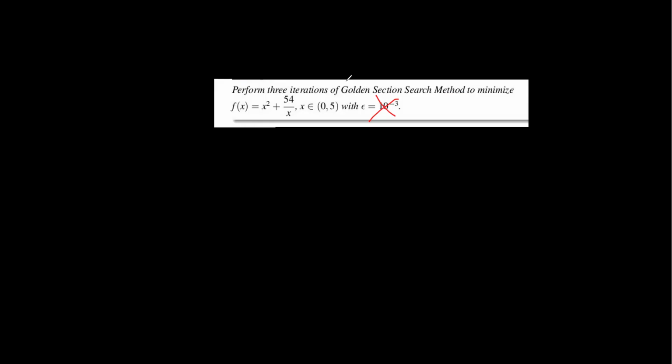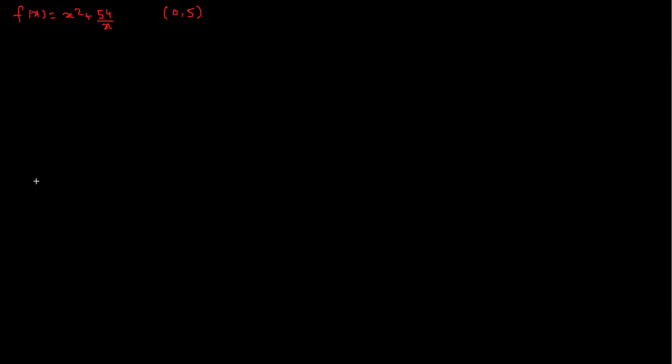And which method will you use? For 54 by x. And what is the interval? Not included. Okay. And we have to perform only 3 iterations. Understood? Yes. Let's see. So what will you do? Tell me.